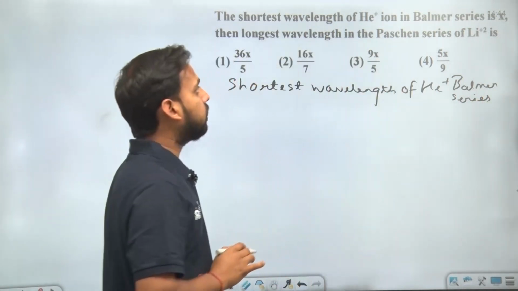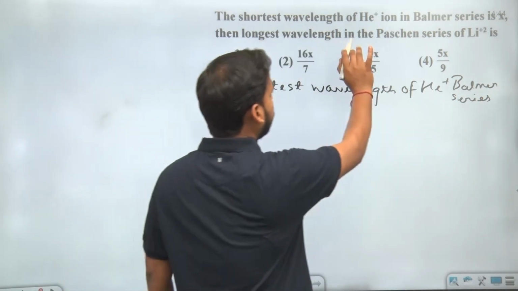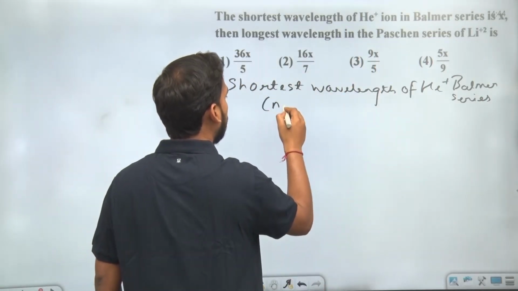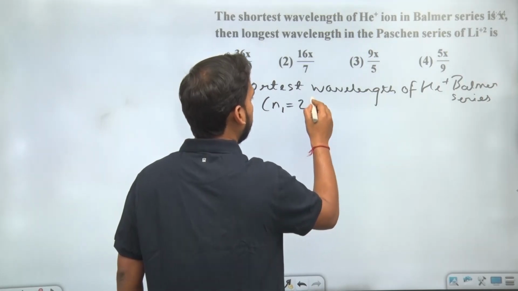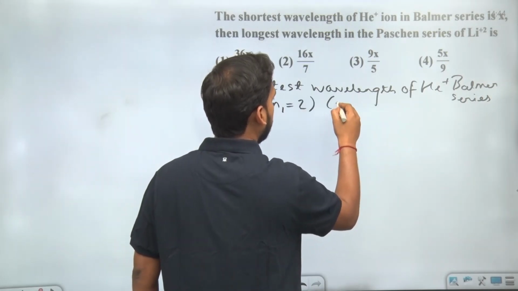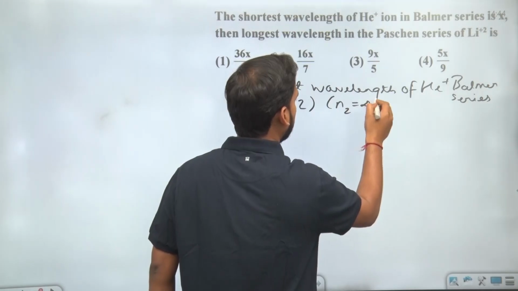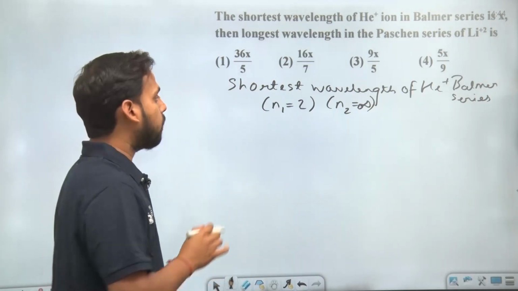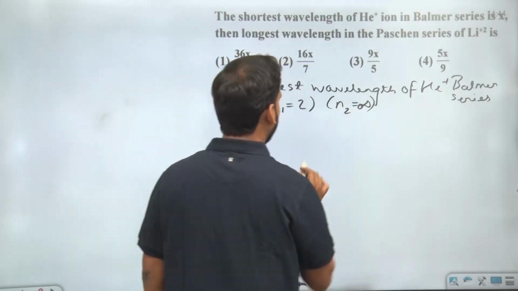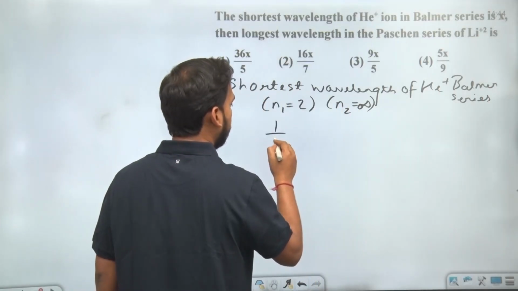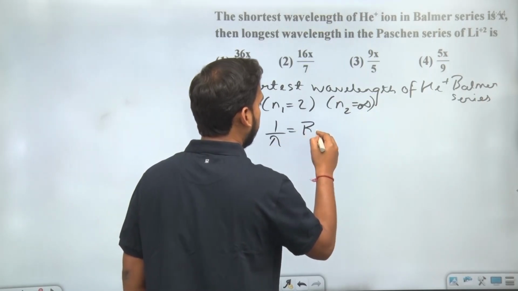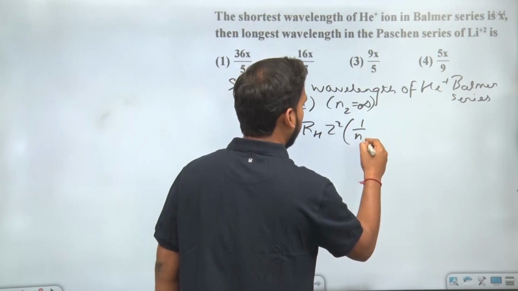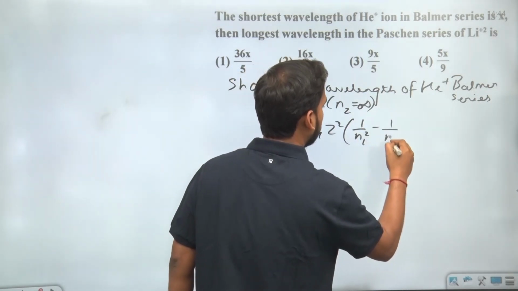For the shortest wavelength in the Balmer series, n1 will be equal to 2 and n2 will be equal to infinity. The formula is 1 upon lambda equals RH Z square into 1 upon n1 square minus 1 upon n2 square.